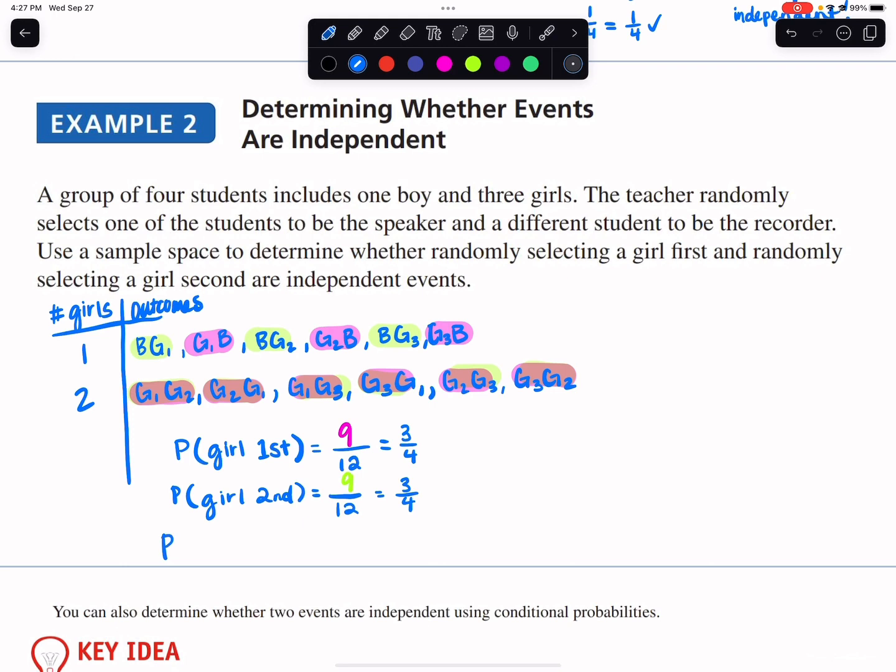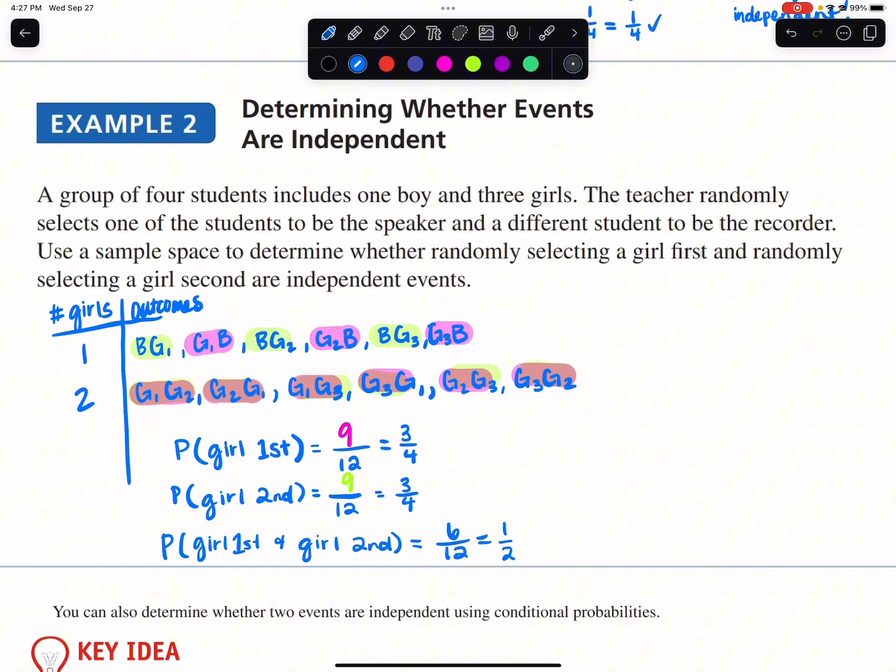Then we want to find the probability of both. So the probability of a girl first and a girl second. I'm looking for all the ones where I have both highlighted, basically, which is all the bottom row. So 1, 2, 3, 4, 5, 6. That simplifies to 1/2.